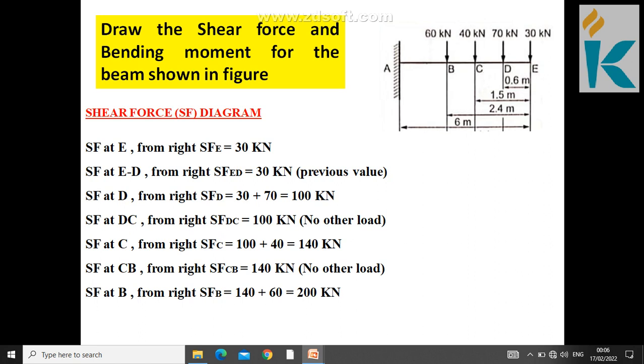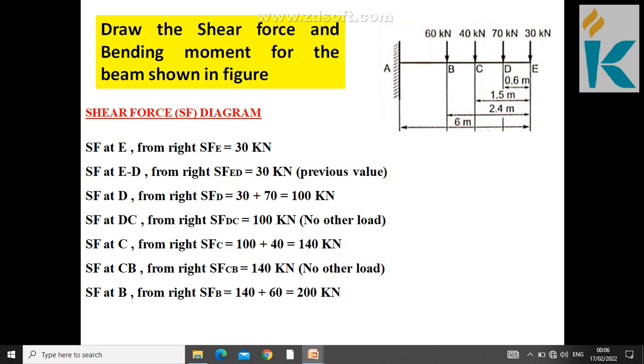Shear force between E to D from right, S of ED, is 30 kilonewton. First you write the previous answer, then you find any load between that distance E to D. Actually there is nothing, so the previous value is the answer for shear force E to D.